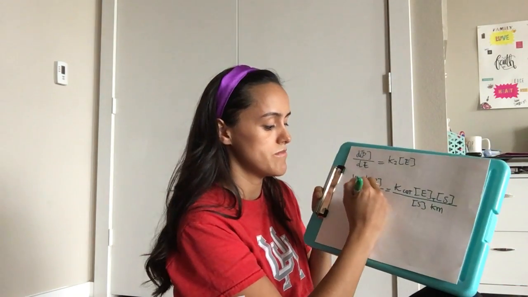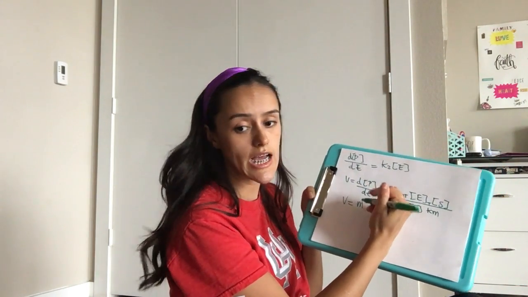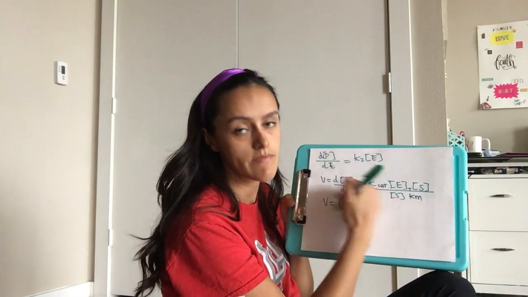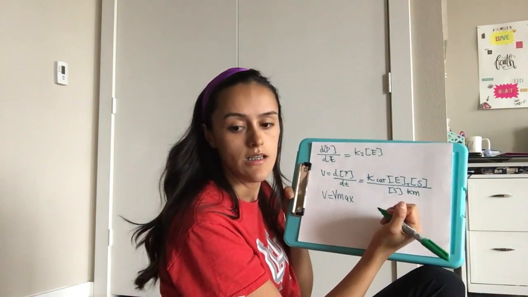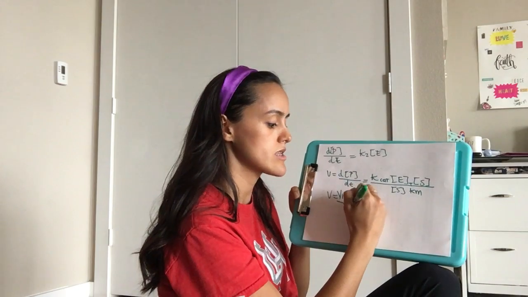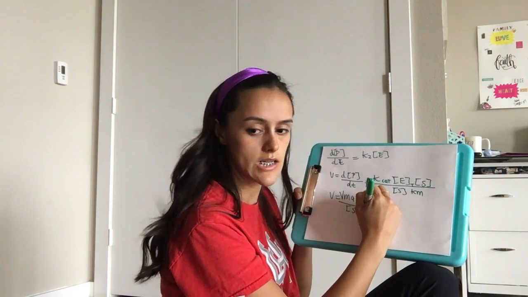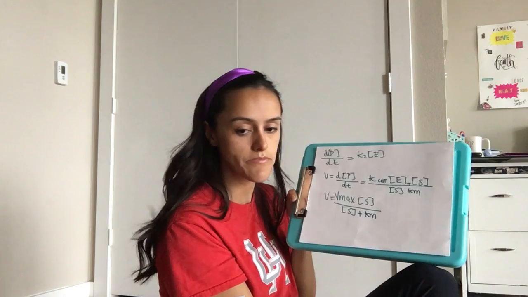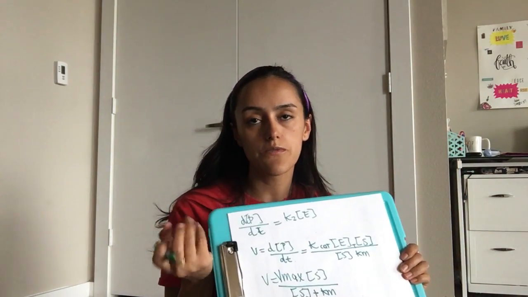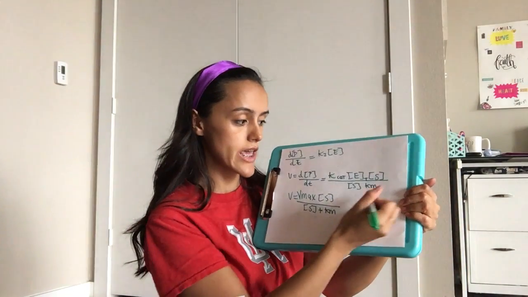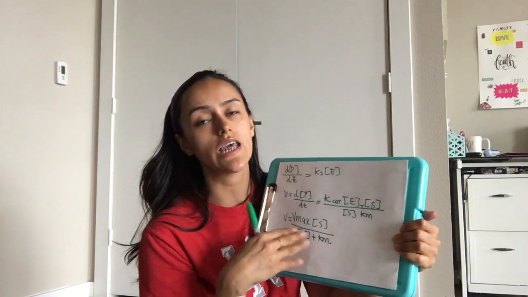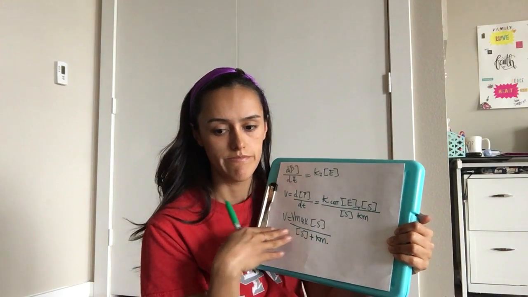That would be demonstrated as velocity equals maximum velocity times the substrate divided by the substrate plus the Km. If the concentration of the substrate was equal to Km here, we would have velocity equal to half of Vmax.